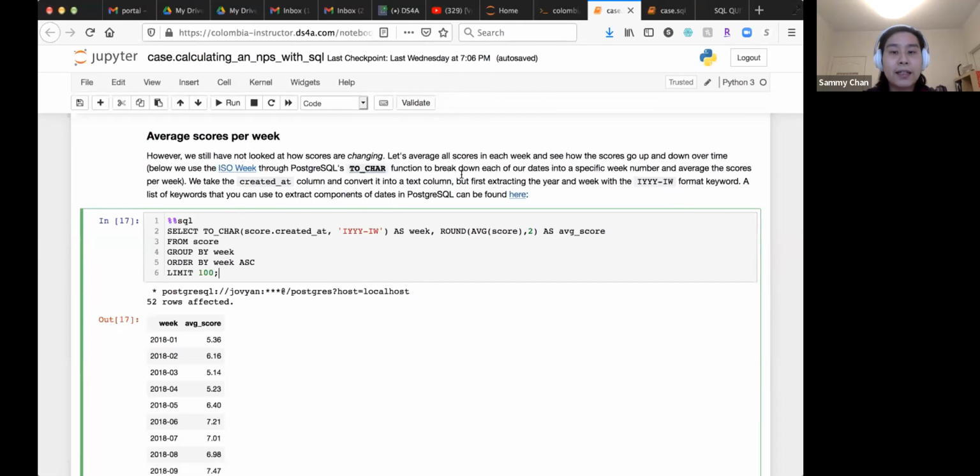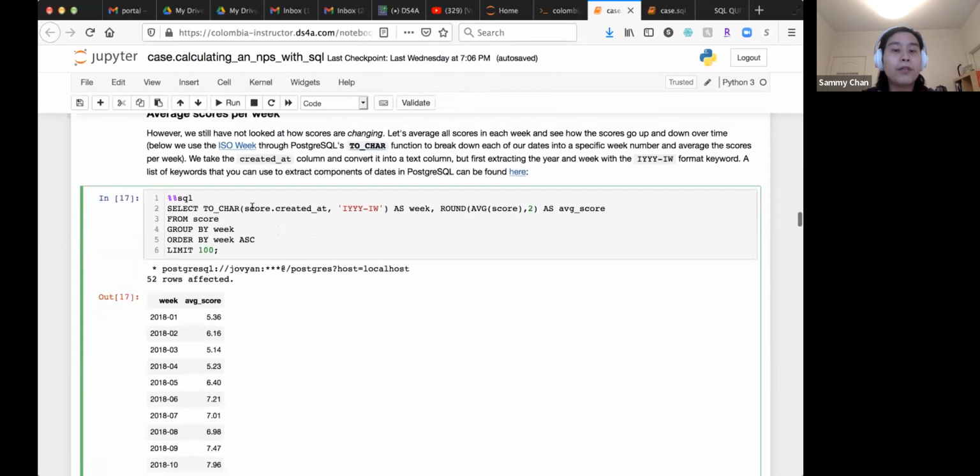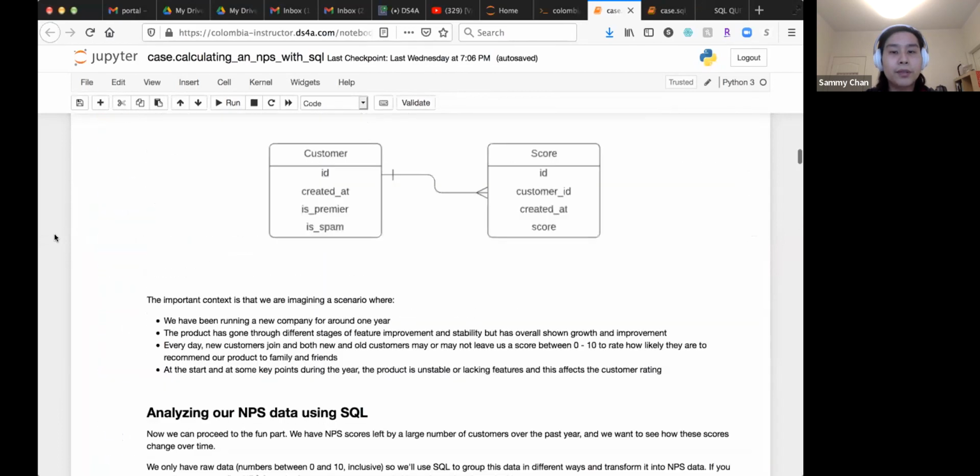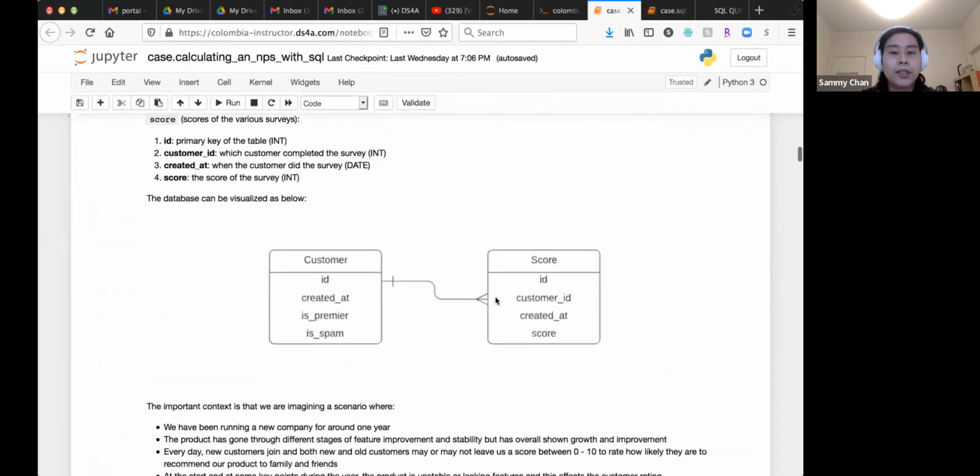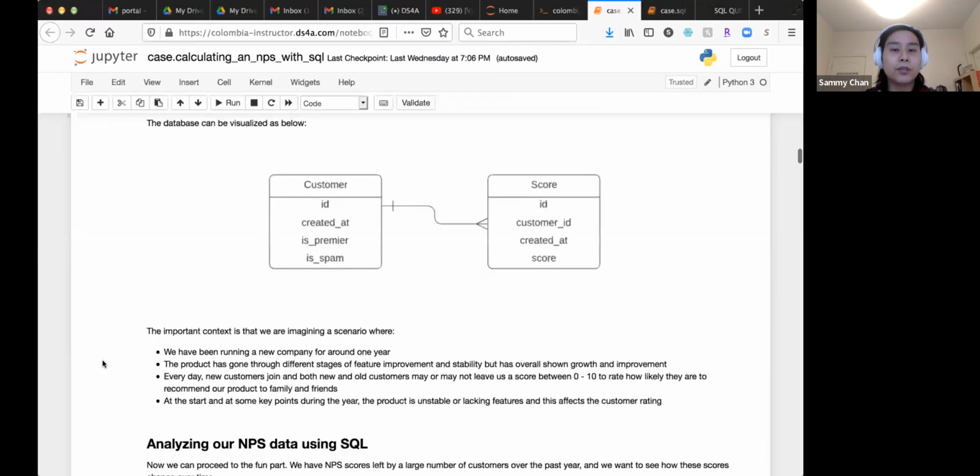It reads in the date and breaks it down and sorts it into a specific week number. So if we take the score created at, let's go back up. Here we have the score created at column, which recorded the time when the customer did the survey. In Postgres SQL, that toChar function can read in that date and then group it into the number of weeks.